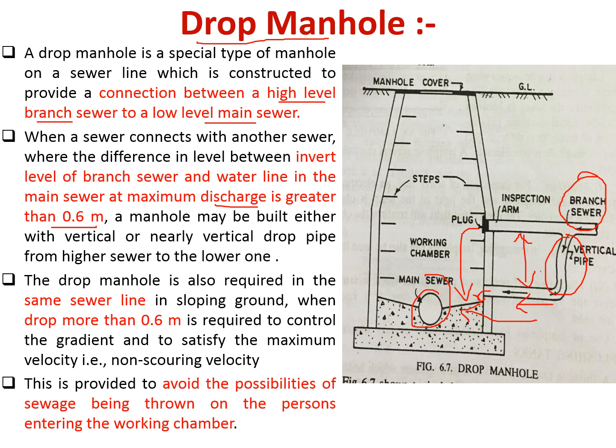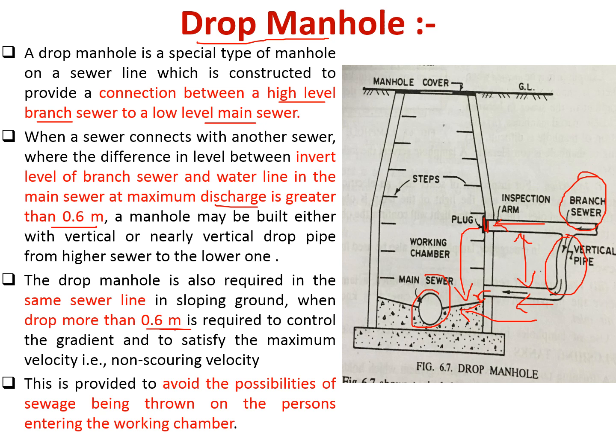The drop manhole is required in the same sewer line in a sloping ground when the drop is more than 0.6 meter. And sometimes an inspection arm is provided, with plugging. This direct access can be utilized at the time of inspection or maintenance work also.